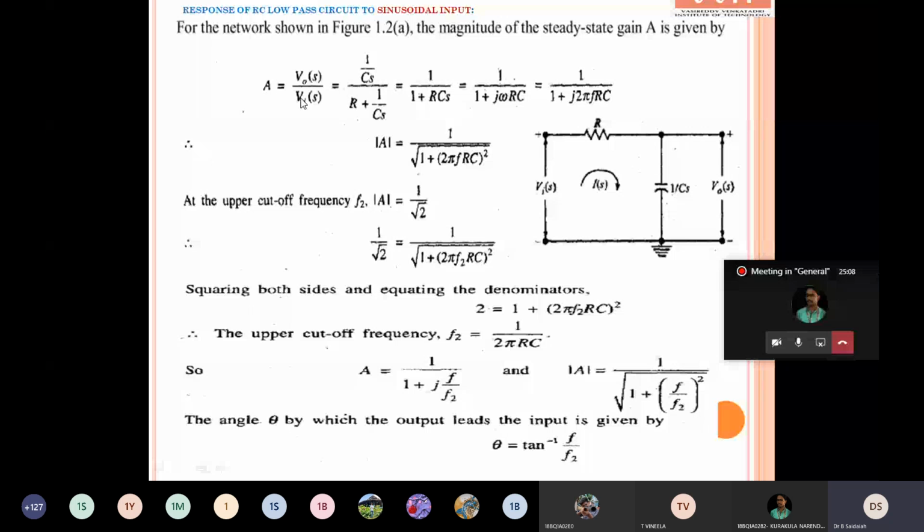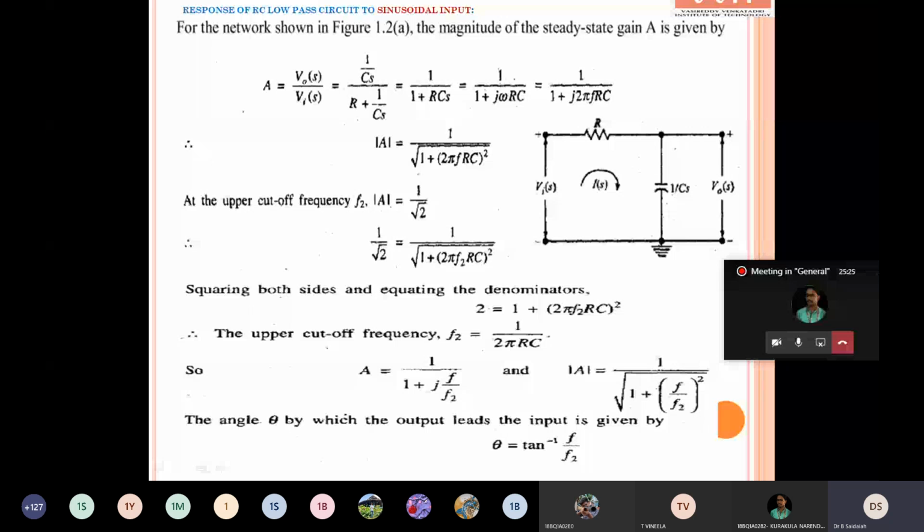Now I want the magnitude. The magnitude of the voltage gain means the modulus. Modulus of A equals, here there will be a complex number in the denominator in rectangular form. A complex number is x plus iy in rectangular form, and you have to convert it from rectangular form to polar form.